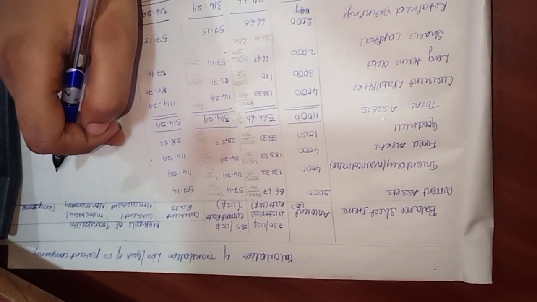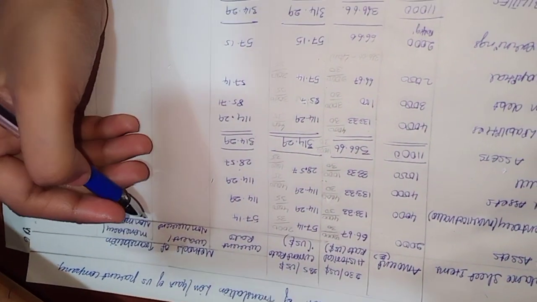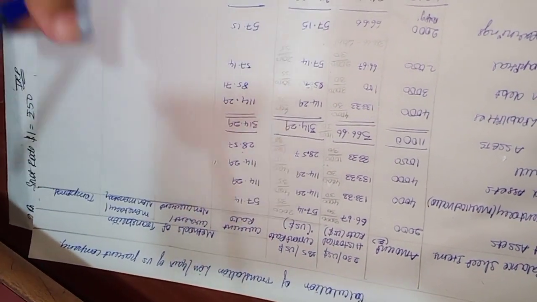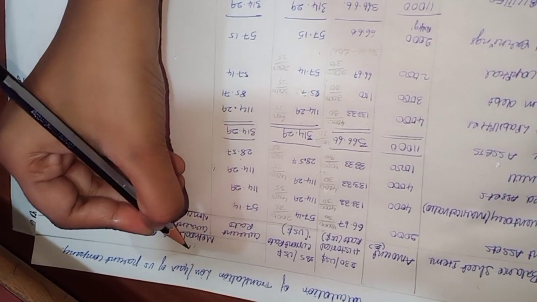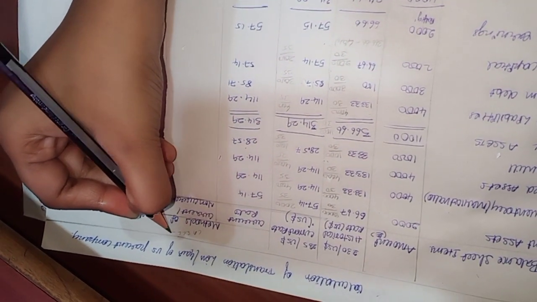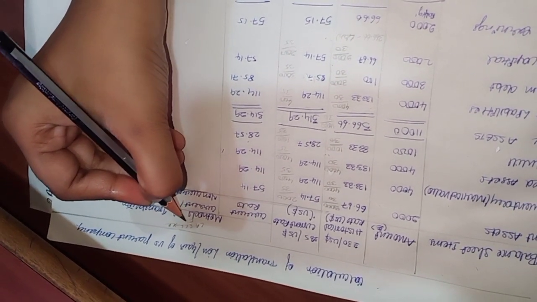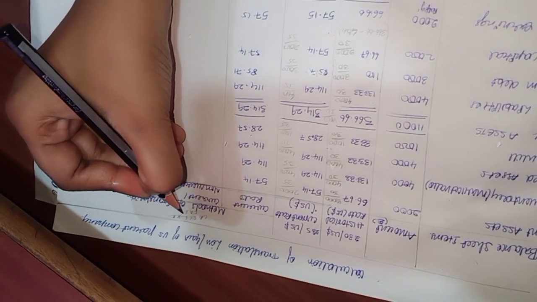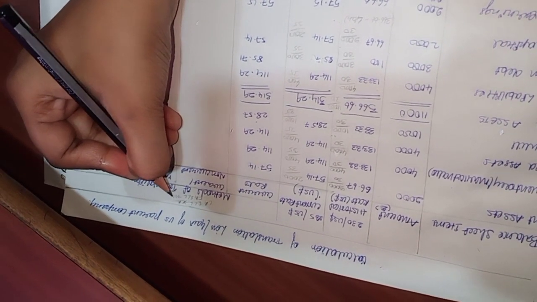Now current and non-current. For current assets, we have studied that current assets and current liabilities are recorded at current rate. Okay, fixed assets and long-term liabilities are recorded at historical rate.